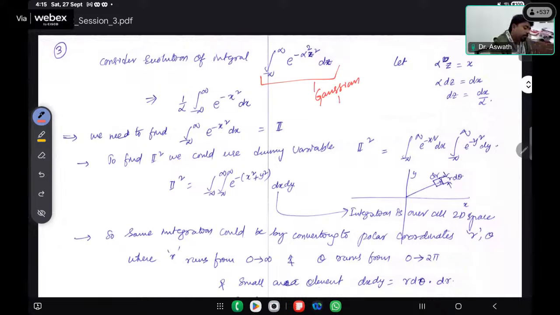Now let me say alpha z is x. In that case, taking the derivative on both sides, alpha dz is dx, so dz is dx by alpha. So you substitute those conversions.